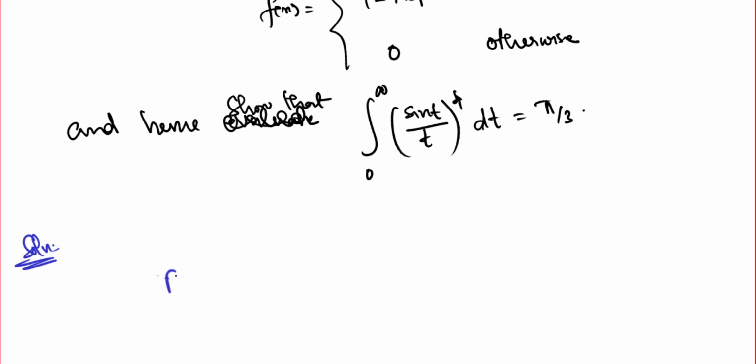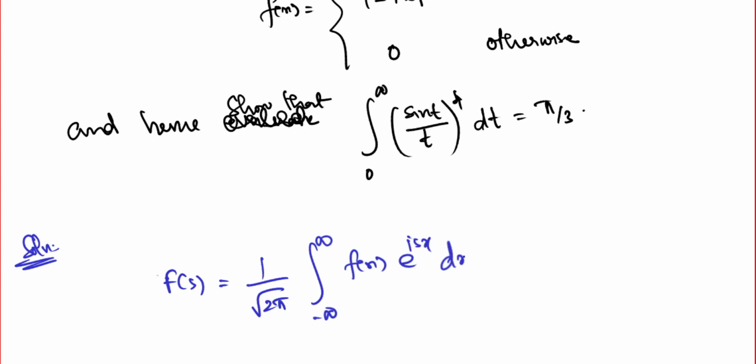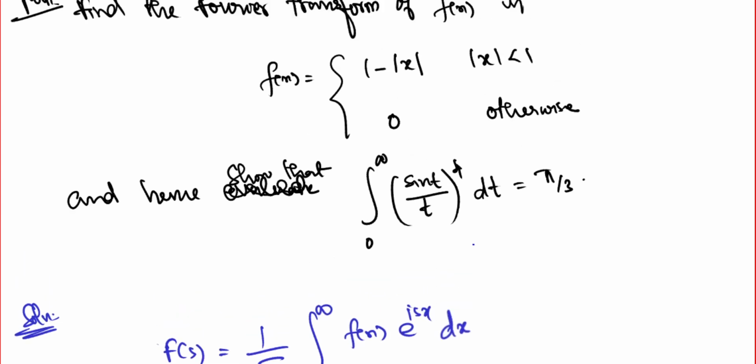So let's find f of s, which is 1 divided by square root of 2 pi into the integral from minus infinity to infinity of f of x into e to the power isx dx. Now you see the function has been defined in two phases. One is mod x less than 1, the other one is 0. So how do we change this function?